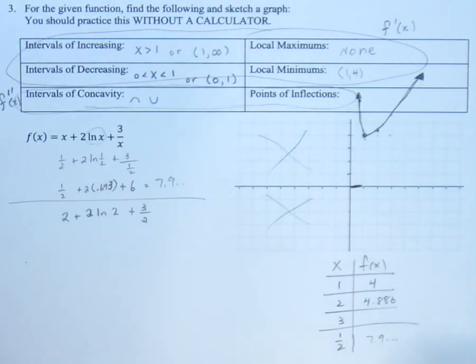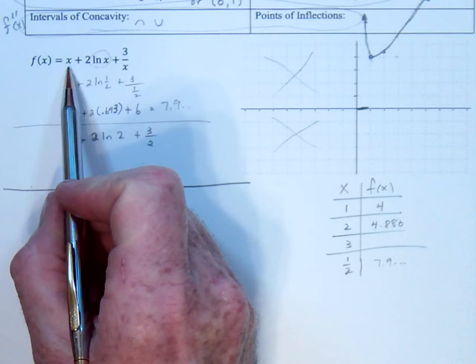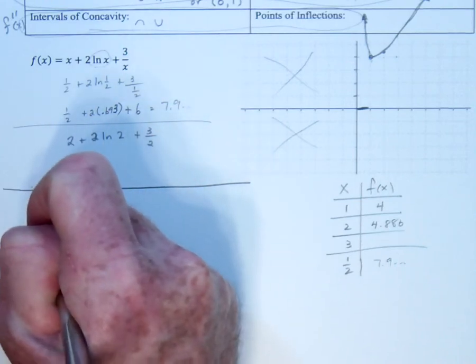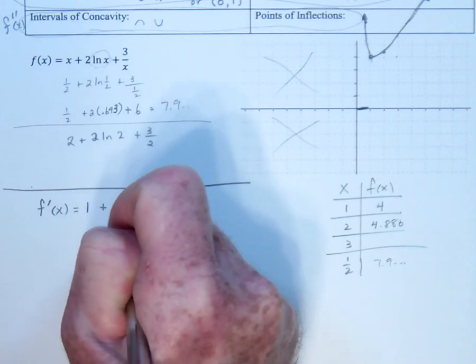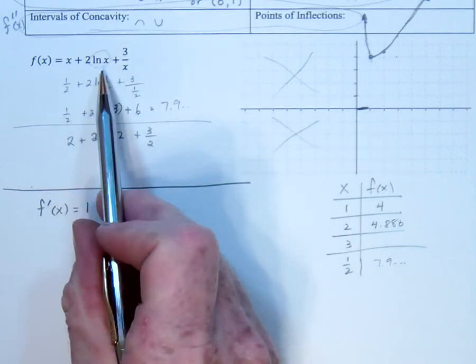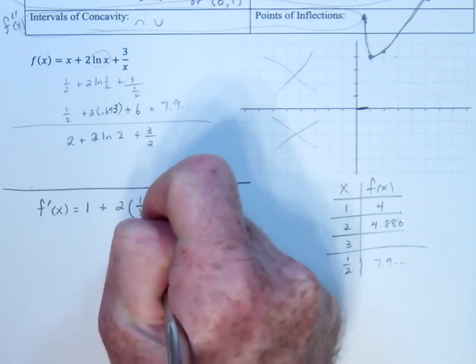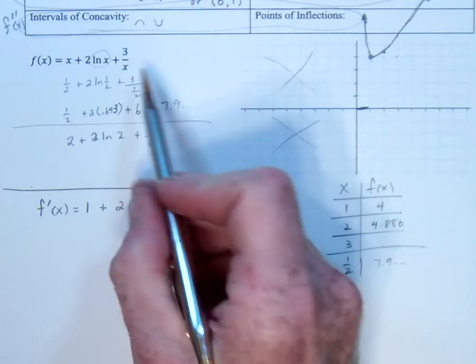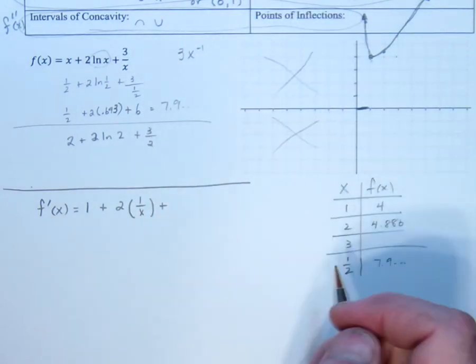Okay, so now we're going to get to the calculus. So we need the first derivative. The derivative of x is 1. The next one, the derivative of natural log of x is 1 over x. And then this one, you could rewrite it as 3 times x to the minus 1.